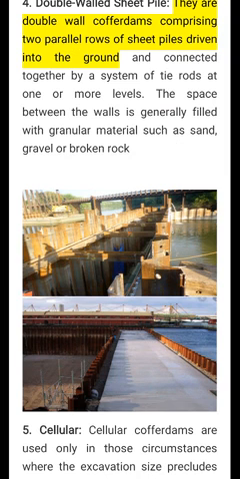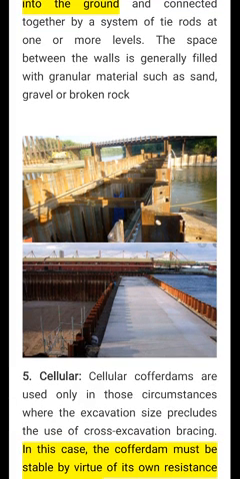So these are the double walls. In between them there will be some material, as per the site requirement. In the second figure you can see the filling between the two walls.